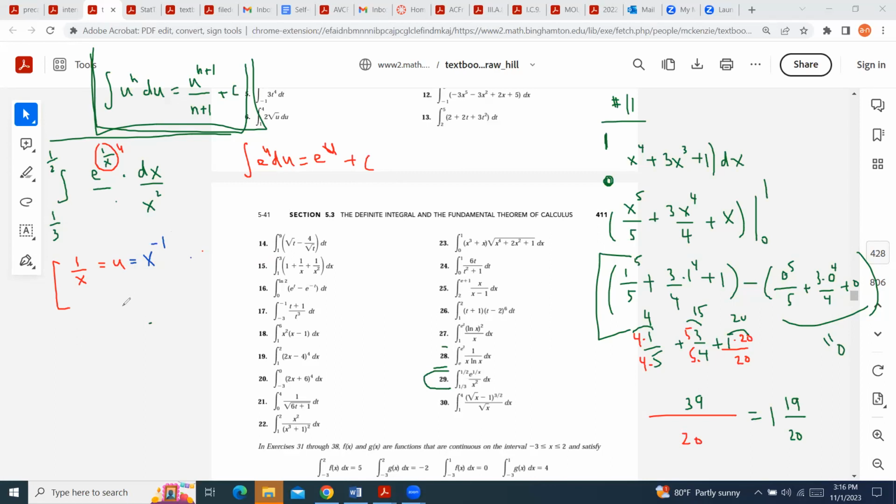So when I take the derivative of this, it's going to look like -1 in front, and x will be raised to the power of -1 minus 1, -2, right? Remember the formula?